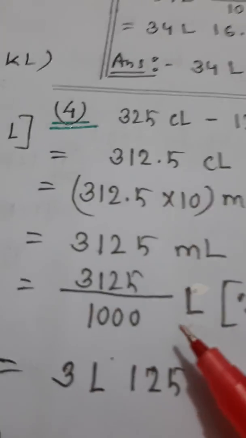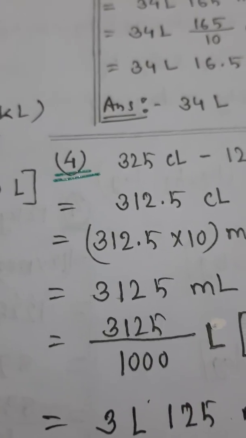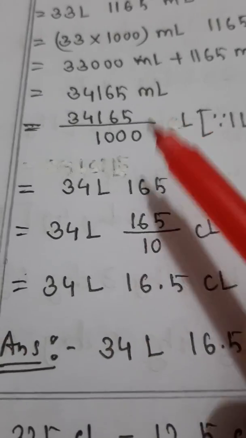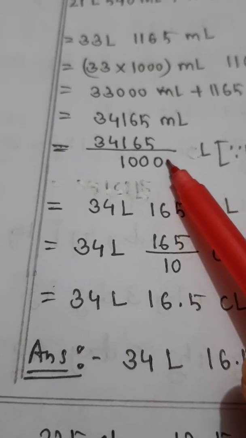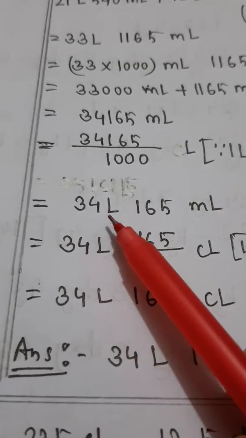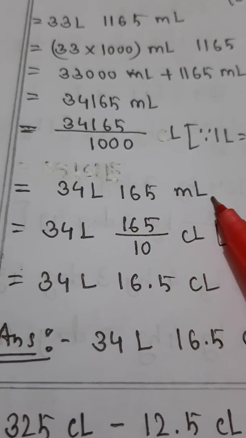Then we express in liter and centiliter. So milliliter divided by 1000, we get 34 liters and 165 milliliter.